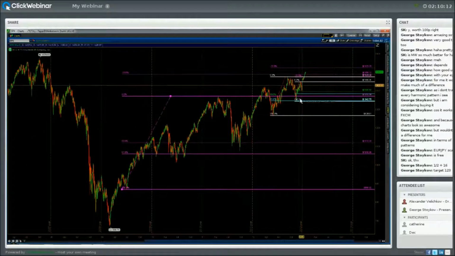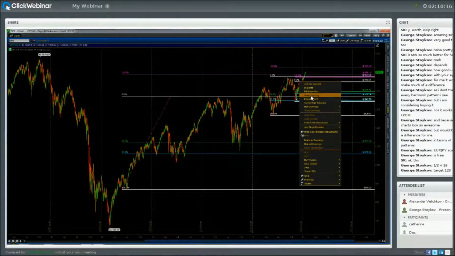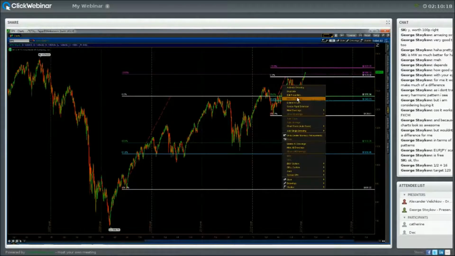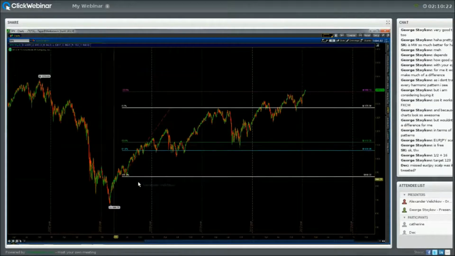I'm not saying the S&P is going down. I'm not saying the S&P is going up. I just don't want to participate as a long on such a level. If we continue dragging up, we'll have extensions.